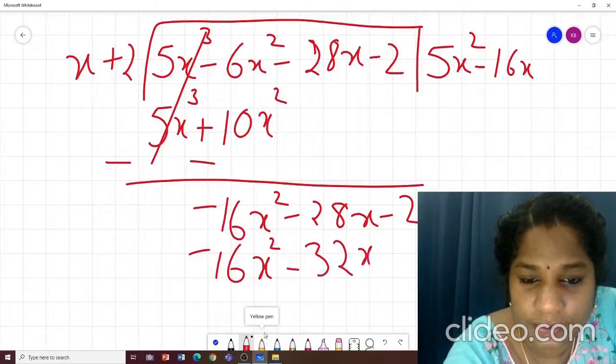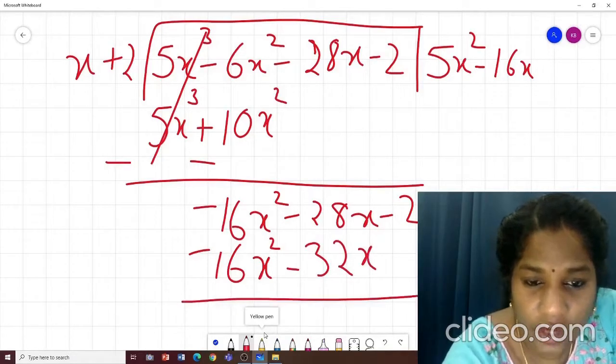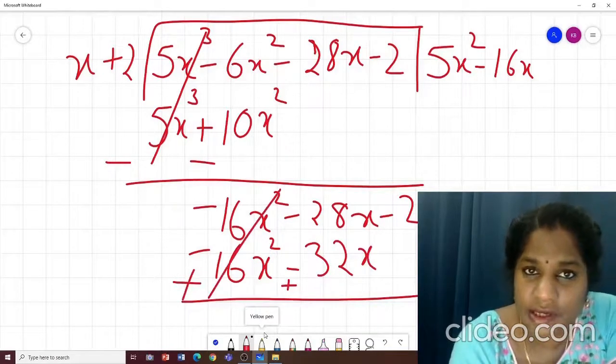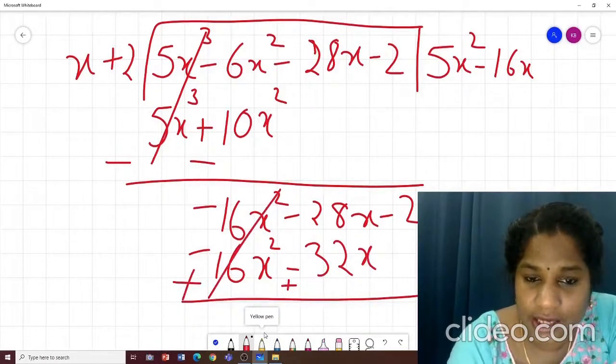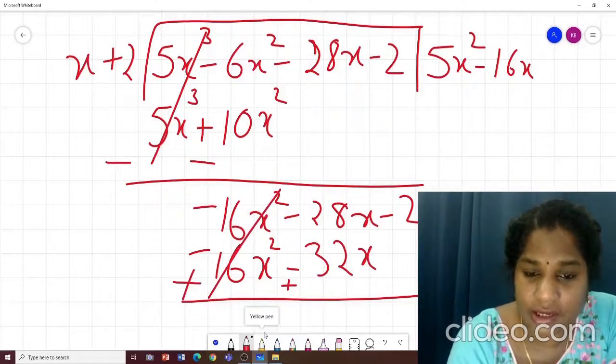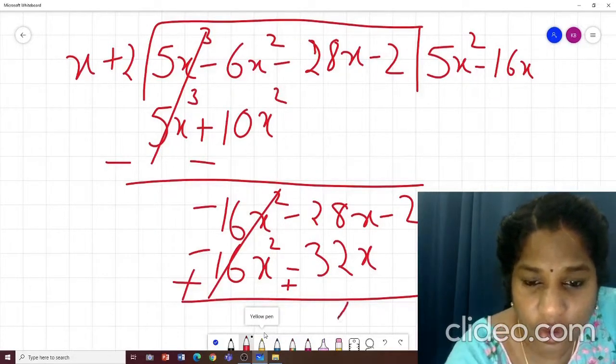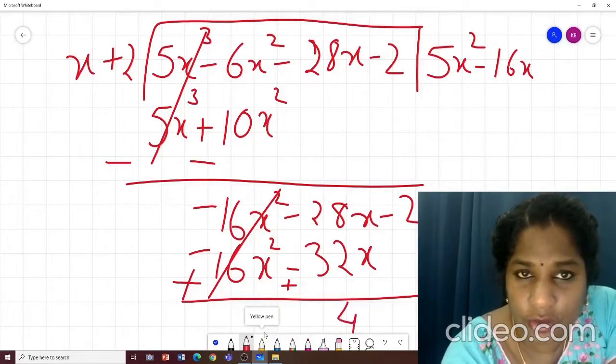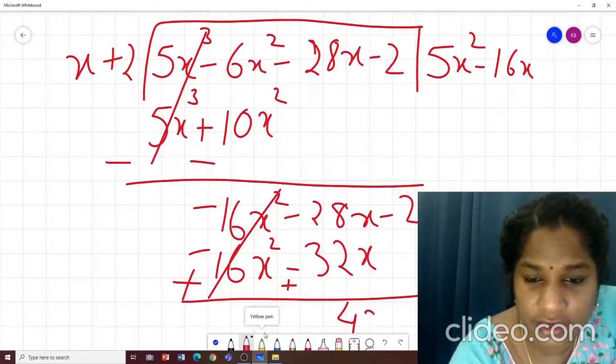Very good. I will go ahead and change the sign. This becomes 0 because plus and minus. Here also plus and minus. So what will I do? 12 minus 8. 4. Right? Done? 32 is positive, so positive sign.